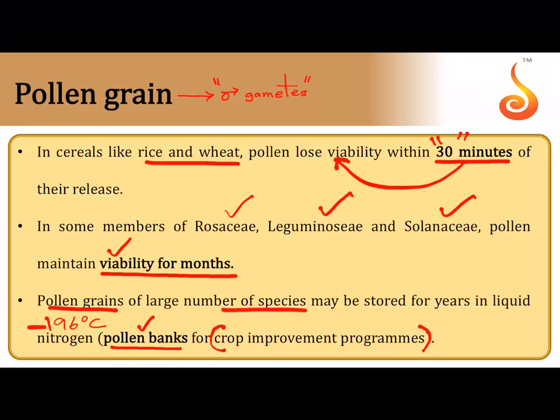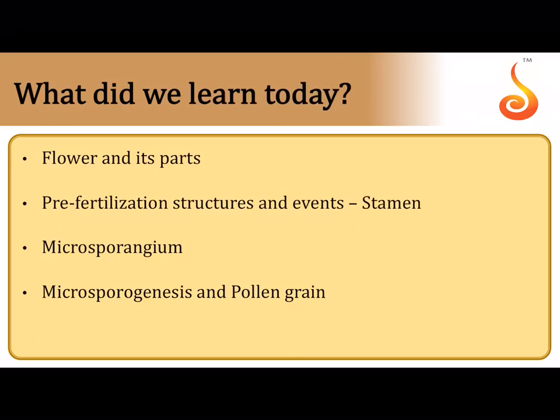You can transport the pollen grain from one country to another, and if the characters are favorable, it can be used to develop hybrid varieties in other parts of the world. That production of hybrid varieties is a feature of improving the existing agricultural crops, so that we get a better yield and also better quality of the yield, not just the quantity.